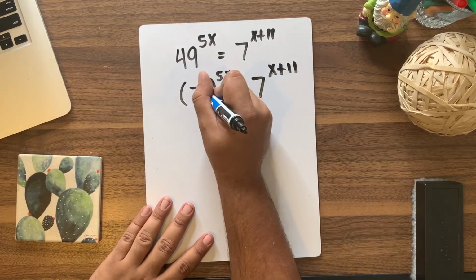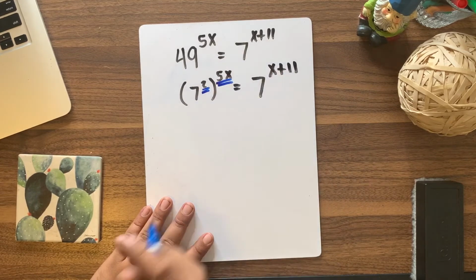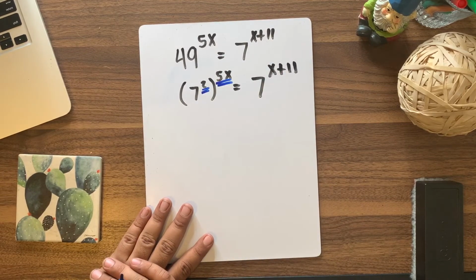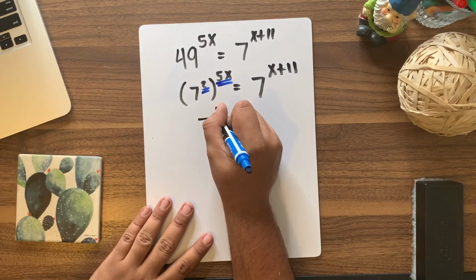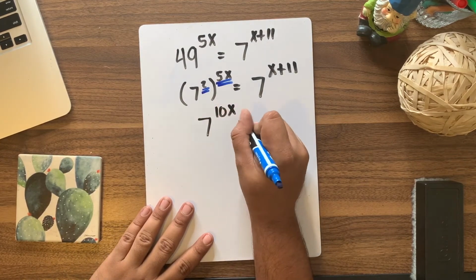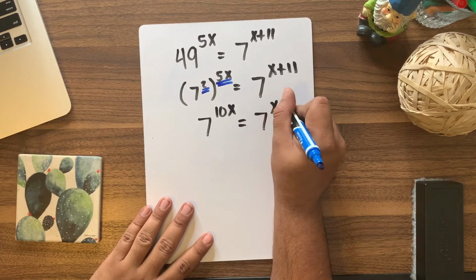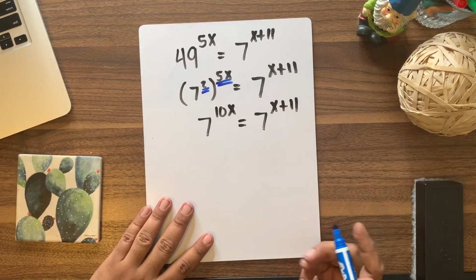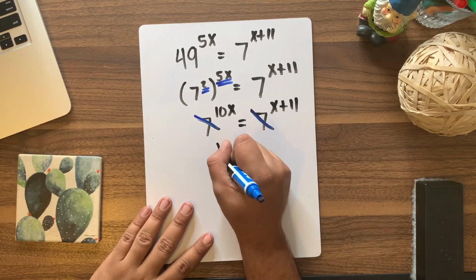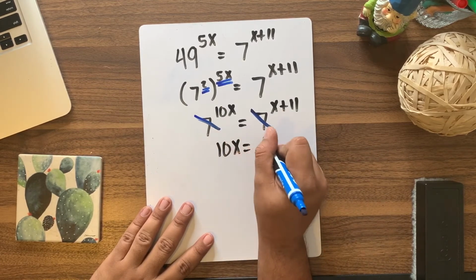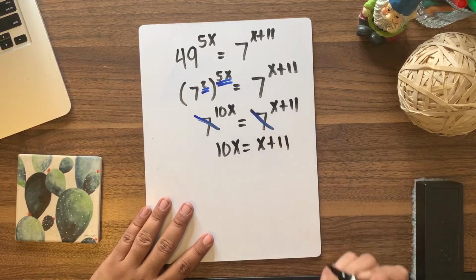Now 2 is a power, 5x is a power, power to a power multiply the powers. So this is 7 to the power of 10x equals x plus 11. They do cancel out, and you end up with 10x equals x plus 11.